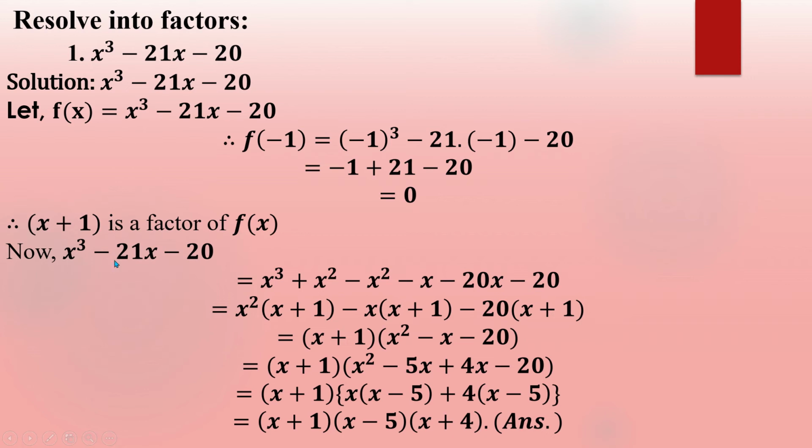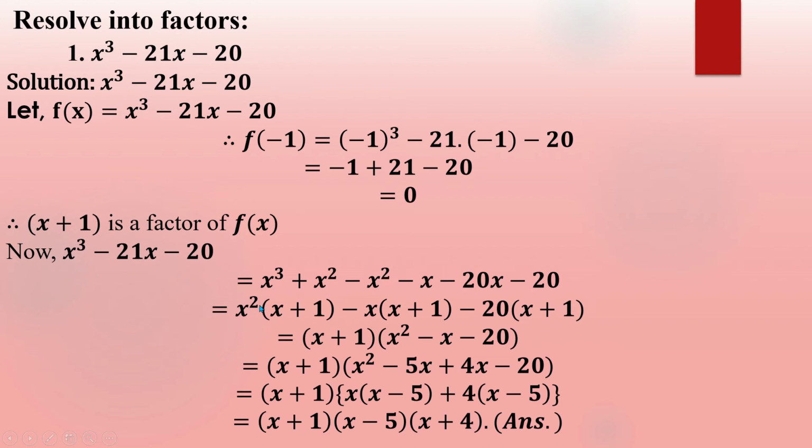Now at first we will write the third line: x plus 1 into x plus 1 into x plus 1. Then we have to take x square here. Why will we take x square? Because here is x cube. For matching x cube, when we take x square, this x square and x make x cube.